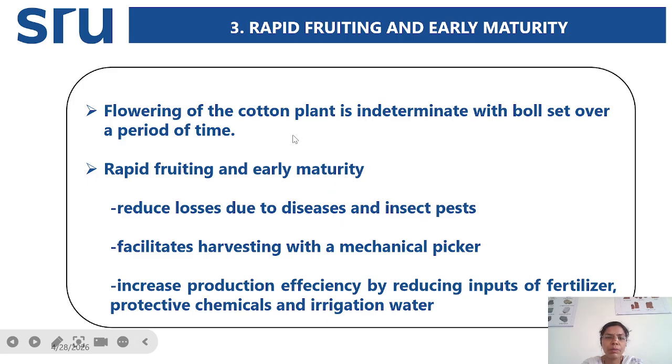And if the maturity is at one time, we can harvest the cotton easily with a mechanical picker. But because cotton is an indeterminate crop, maturity is also non-synchronous. Because of that, in cotton we go for 4 to 5 pickings. To avoid that, we have to select varieties which have rapid fruiting and early maturity.